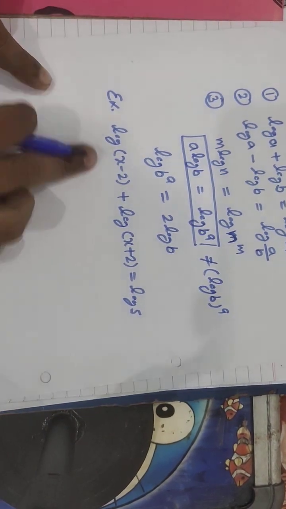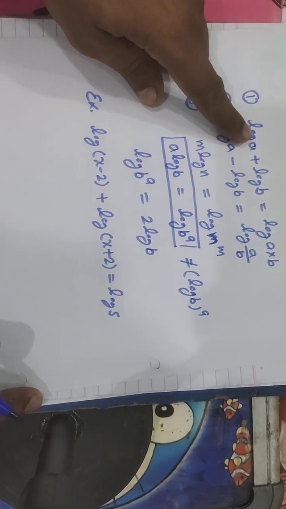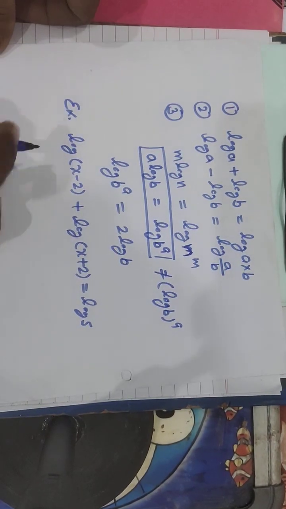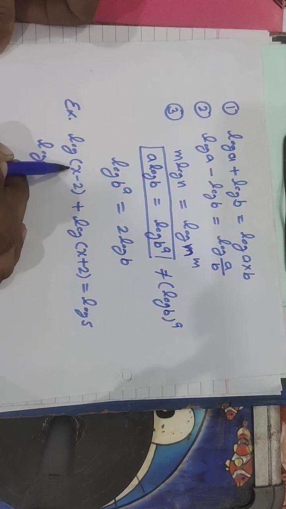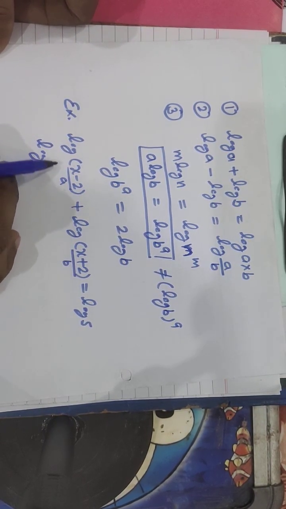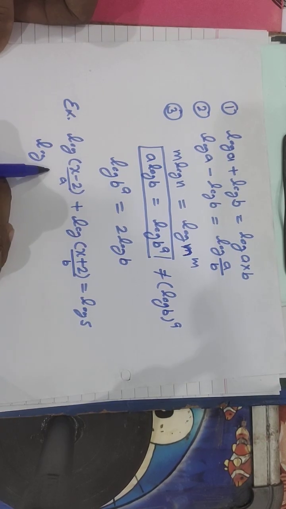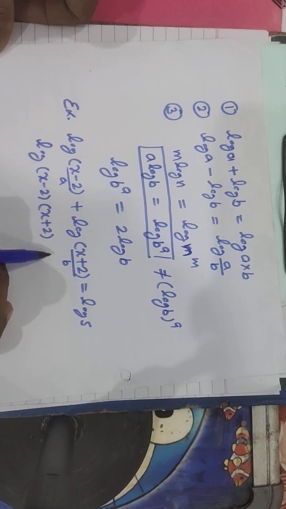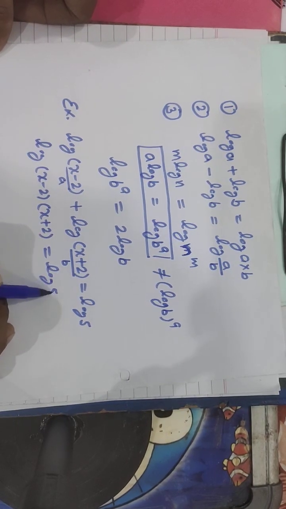Here we have used the very first law, that is log a plus log b equals log of a into b. So look at here, this is a, this becomes b, so we can apply log a plus log b equals log of a into b, equals log 5.